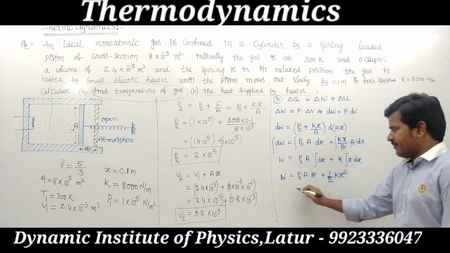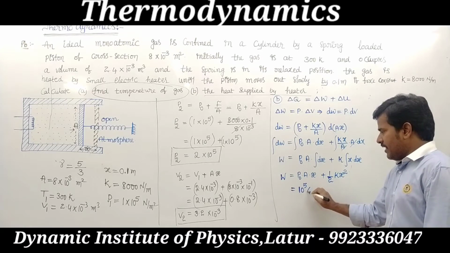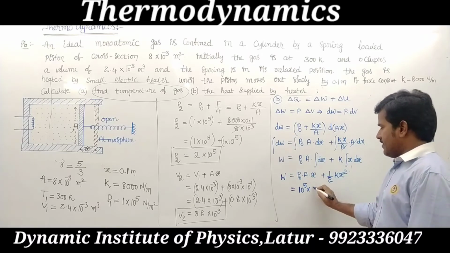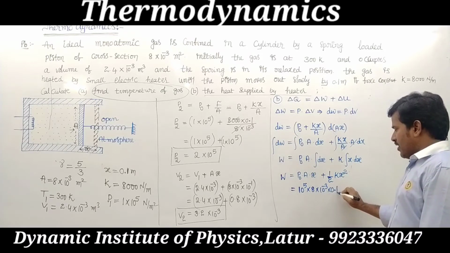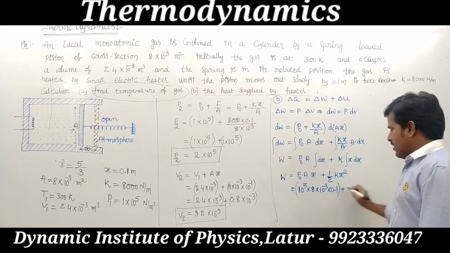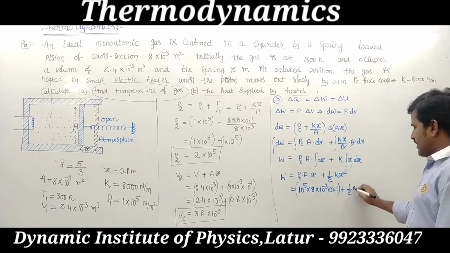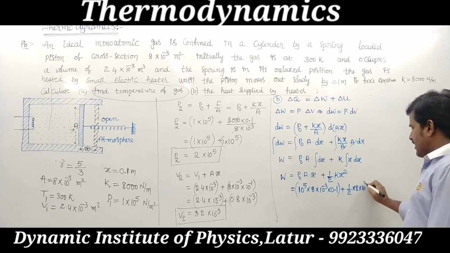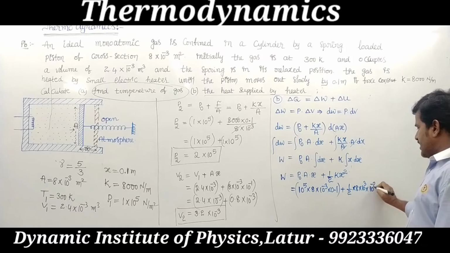So the work done on the spring is half kx square, and due to expansion the work done is P naught into A into x. You know P naught value is 10 power 5, and area is 8 into 10 power minus 3, displacement 0.1, plus half kx square, k is written as 8000, that is 8 into 10 power 3 into x square, 10 power minus 1 whole square, 10 power minus 2.